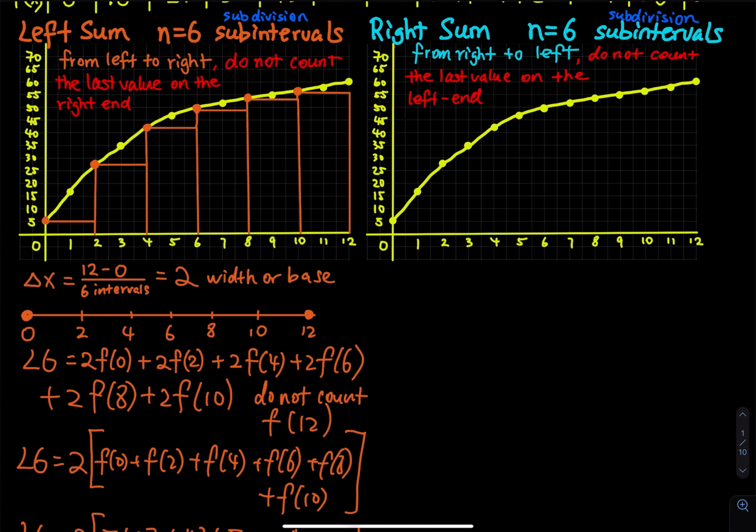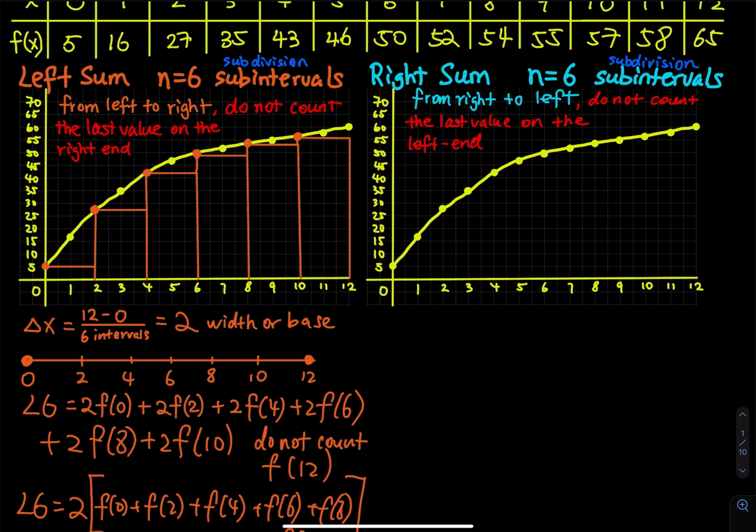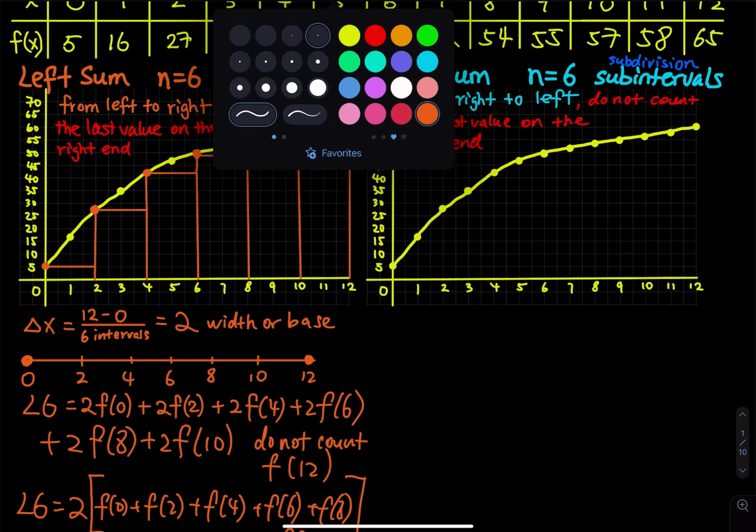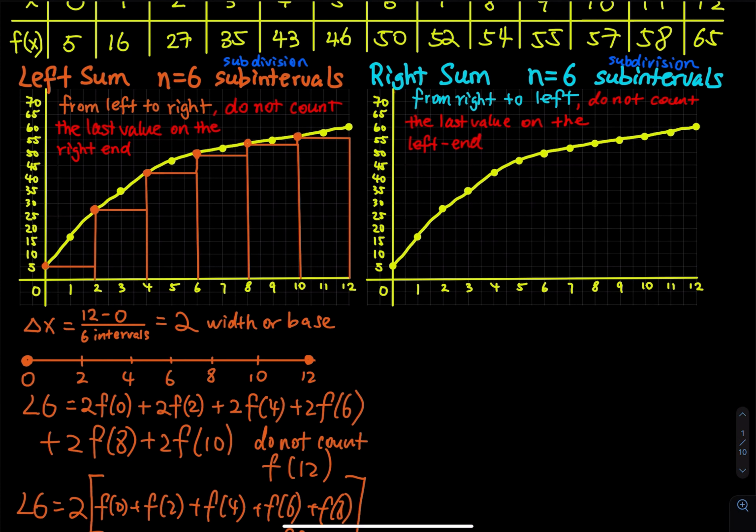And then how about the right sum? For the right sum, we will go from right to left, and then we do not count the last value. So for the right sum, I am going to do the same things. We are going to find the width, the base of the rectangle, that is the maximum minus the minimum x, divided by 6 intervals, right? That is equal to 2, and this is the base or the width of the rectangle.